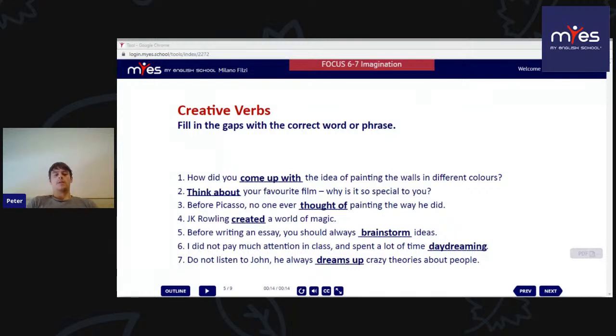Number 4, created, I'm sure you know. Brainstorm is a different type of thinking. Daydreaming is dreaming with your eyes open, and to dream up is to invent, but it is more creative and more fanciful.